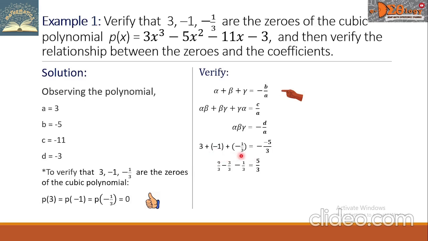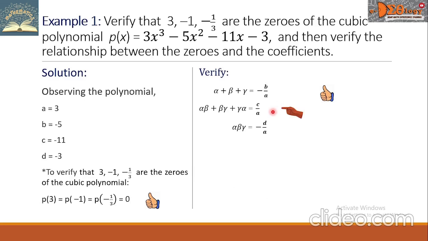On the left side, we can show that the integers can be a fraction. The 3 becomes 9 over 3, the negative 1 becomes 3 over 3, and we have this negative 1/3 again. The right side is simplified into positive 5 over 3. Simplifying the left side, it is now equal to 5 over 3, equals the right side with the same value 5 over 3. Therefore, the first relationship is verified.